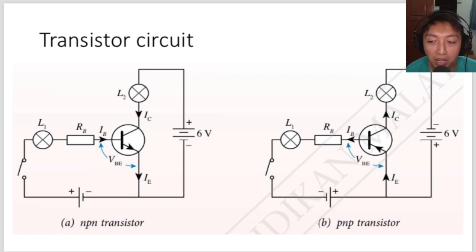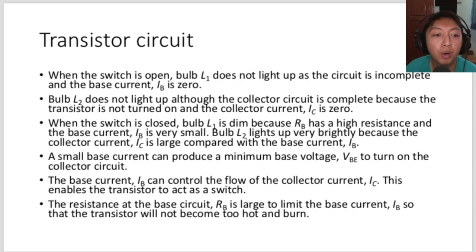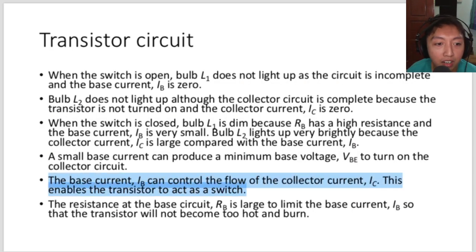Okay? If the base circuit gets no electricity, nothing can flow through the collector circuit. If the base circuit gets a little bit of current, the collector circuit will now allow an even bigger current to flow. This is why it says there the base current can control the flow of the collector current.